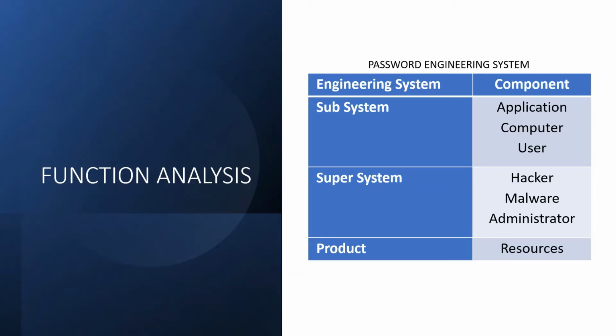Password entity is the core subject in this analysis. It provides security to the whole system. Therefore, it is necessary to list all the subsystems, supersystems, and objects that interact with the password entity to identify the most vulnerable entity in the engineering system. Figure 3 shows the components of the password engineering system.